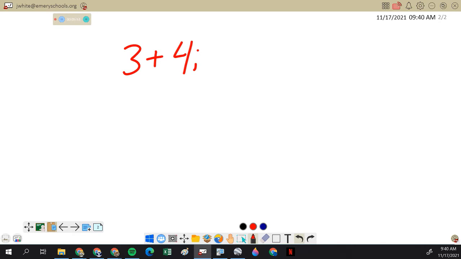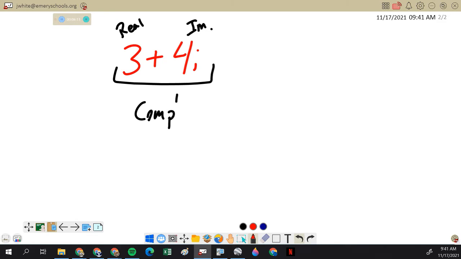Well, they're not like terms. They cannot interact. So 3 plus 4i cannot be simplified. So this piece is real, and this piece is imaginary, and together we call them a complex number.